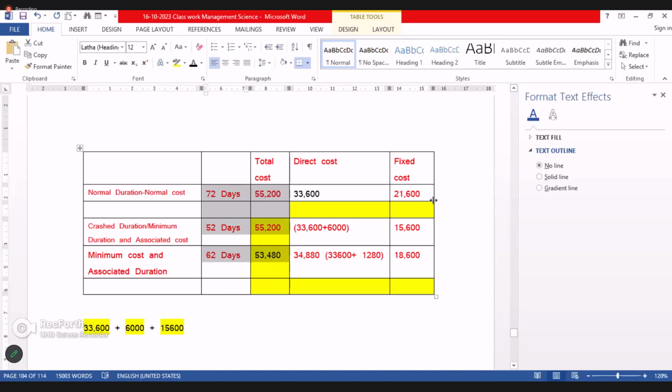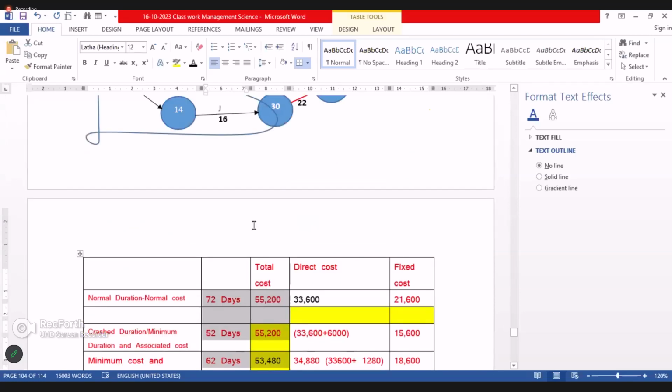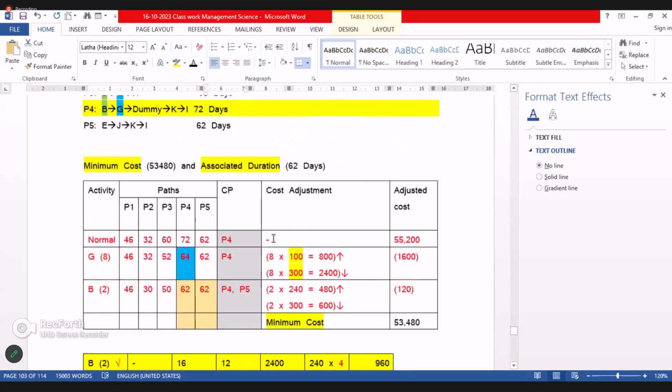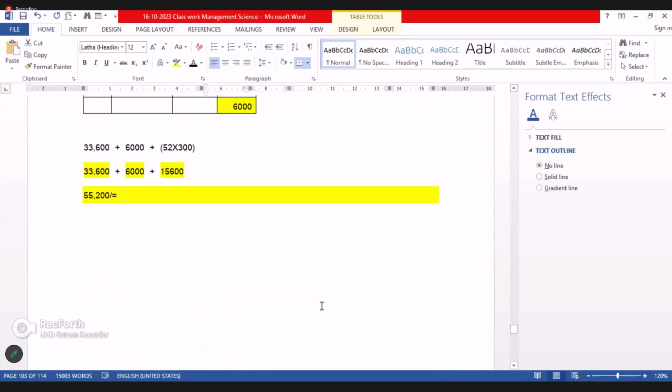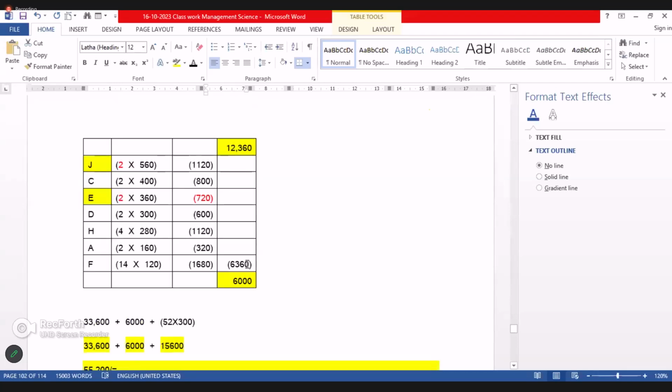Because crashing makes some impact. 55,200, because of the increasing rate. You see this is the increasing rate. The extra increase is this much, 6,000. Extra reduction is how much?